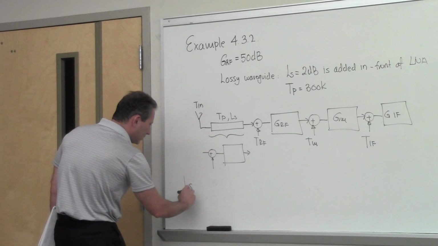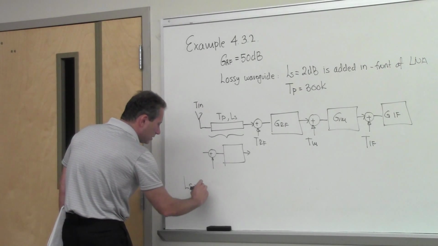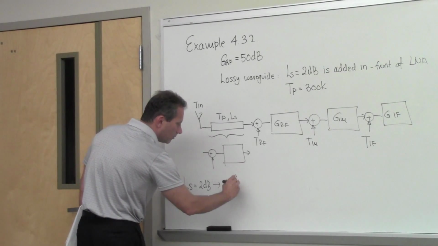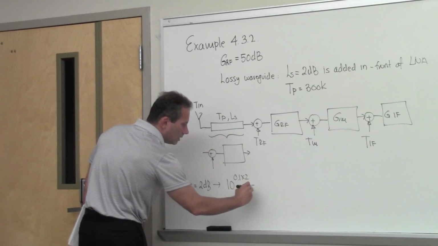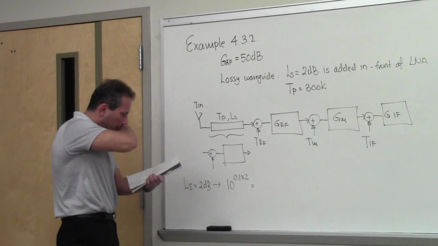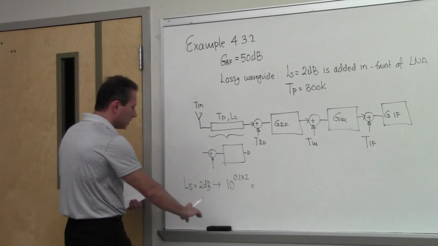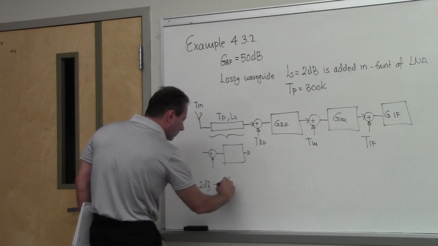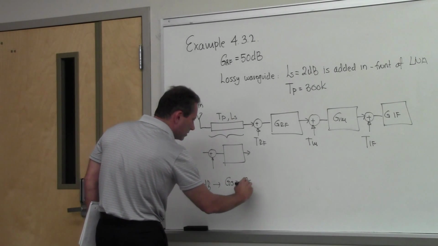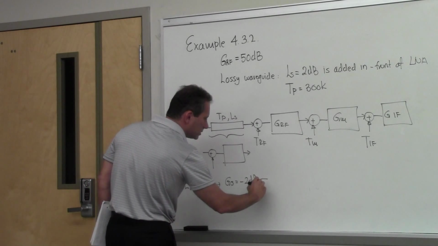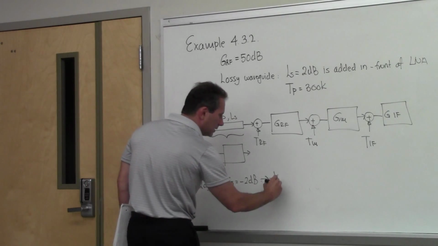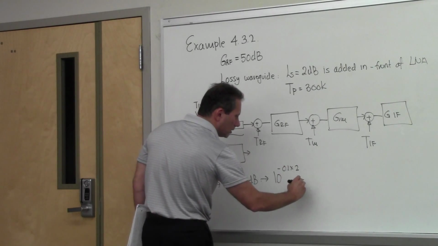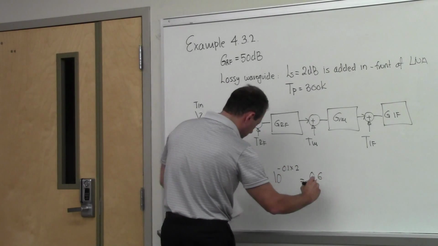The loss of the waveguide is 2 dB. Actually, I should say the gain, sorry. Gain of the waveguide is minus 2 dB, which in the linear domain is 10 to the minus 0.1 times 2, which gives me 0.631.